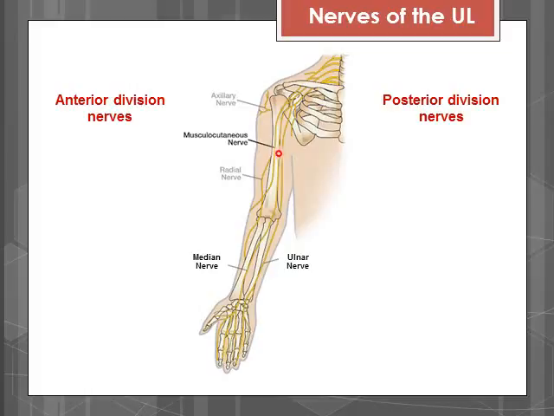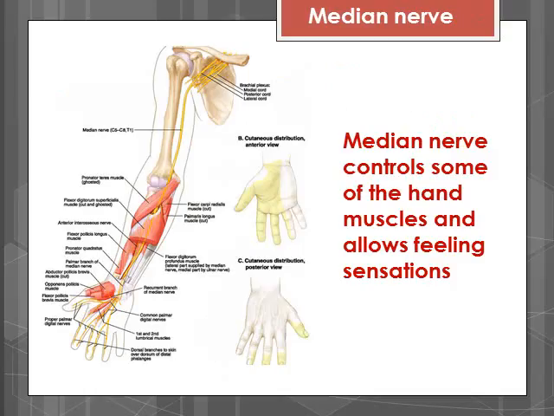I mean the flexor muscles of the upper limb. However, the posterior division nerves that include the axillary nerve and the radial nerve supply the regions of the upper limb that represent the embryonic dorsal surface or the extensor muscles.